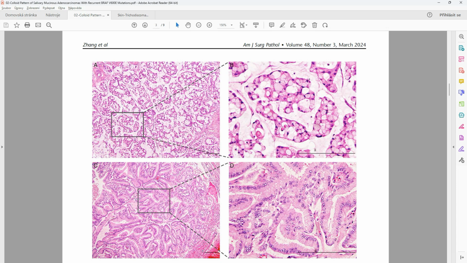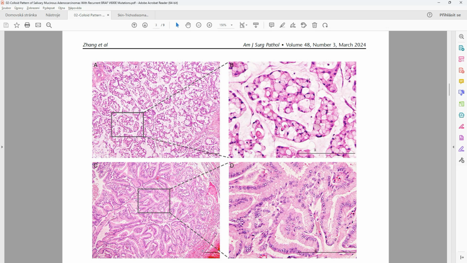This paper describes another entity, a papillary proliferation, and this papillary arranged tumor is not BRAF mutated, it has the typical AKT1 mutation, yeah, it's not this case.